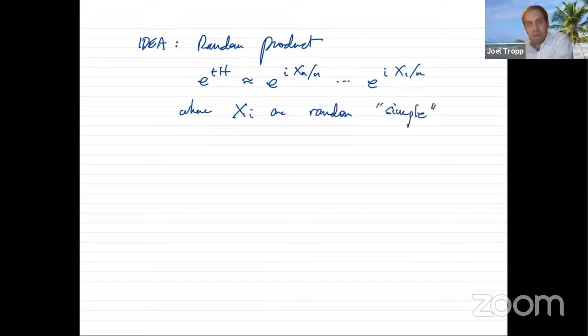So you should be thinking about these random matrices X_i as just choosing an appropriate A_j and rescaling it, so some constant times A_l. I'll explain how this goes in just a moment.